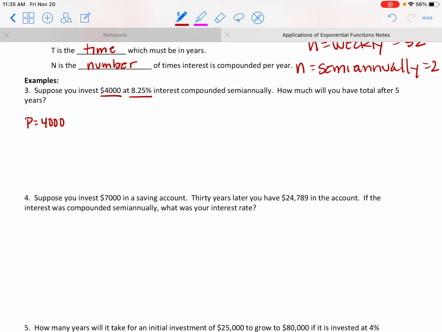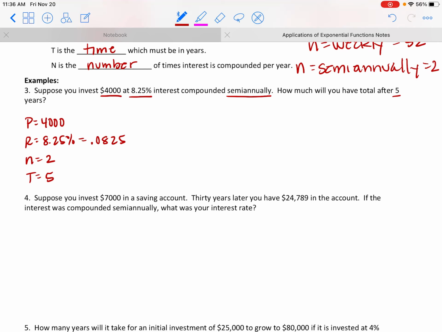It's 8.25%, so our rate is 8.25%, which is 0.0825 as a decimal, and that's what we'd plug in. It says it's compounded semi-annually. That means 2 times per year, so n is 2. And it says how much you're going to have total after 5 years. So we know t is 5. And how much are you going to have total, again, means we're looking for that final accumulated amount.